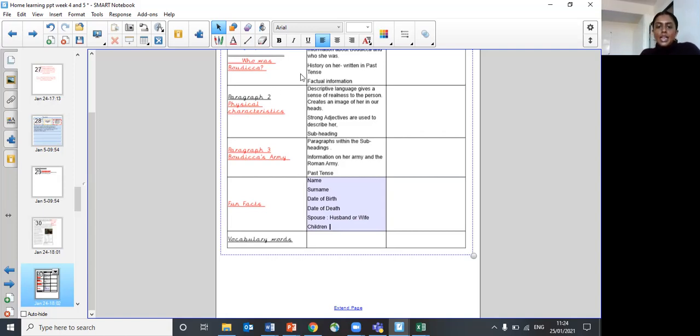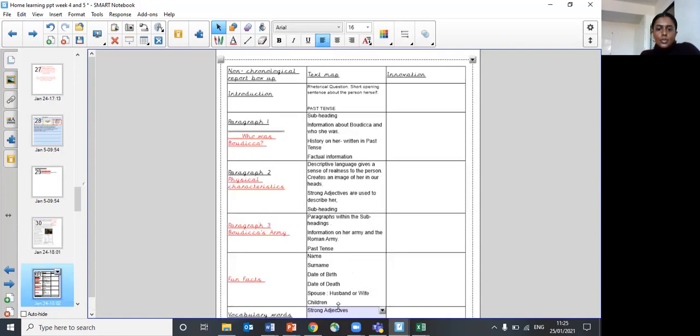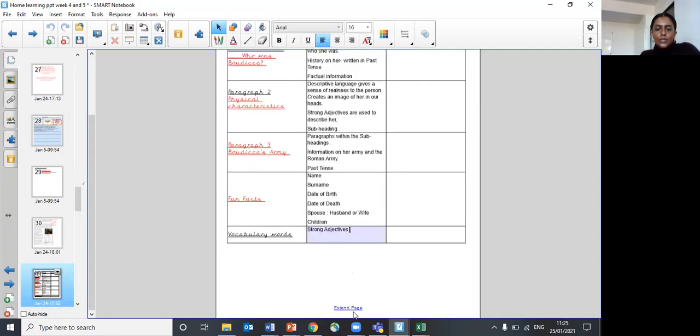Those are just some other facts added to make more understanding of the person that we're talking about. Vocabulary words that are being used are also strong adjectives. If I go back here, I can have a look at some of the words that are being used to describe her. Fierce, harsh, skilled and organized.